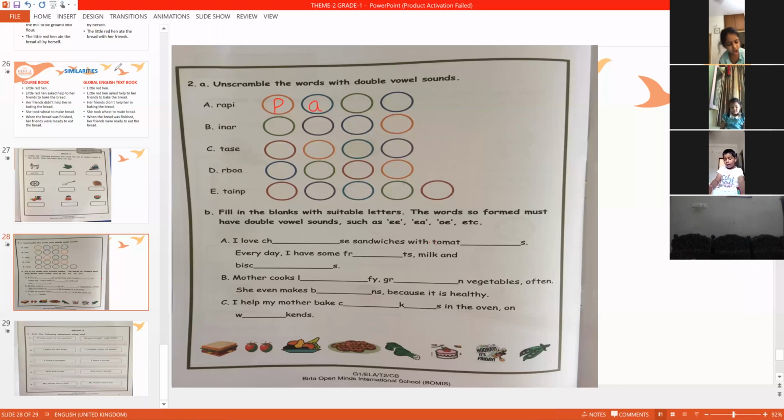A, I, R. And can you see any vowel here in paint? Yes. What are the vowels? Can you tell me? AI. Yes. So you can see here vowels as A, I.